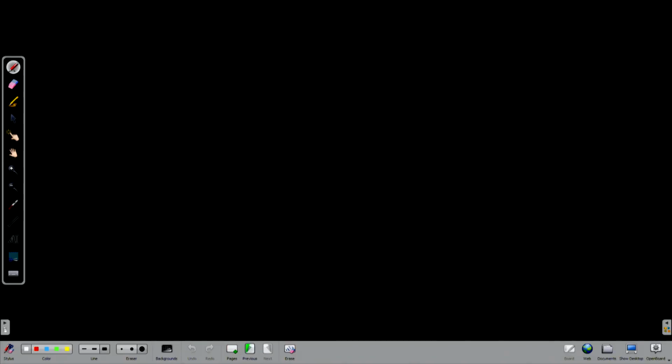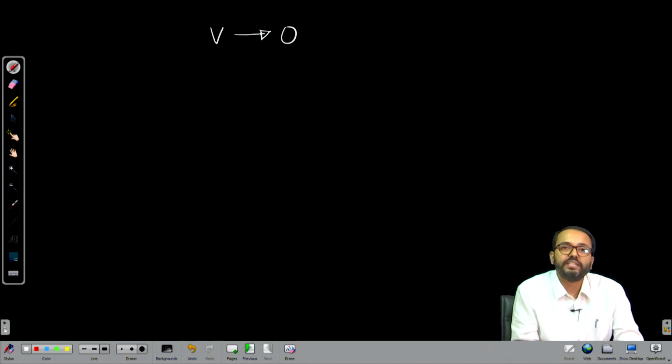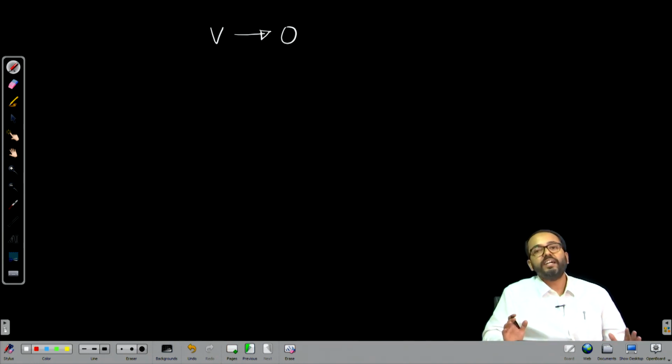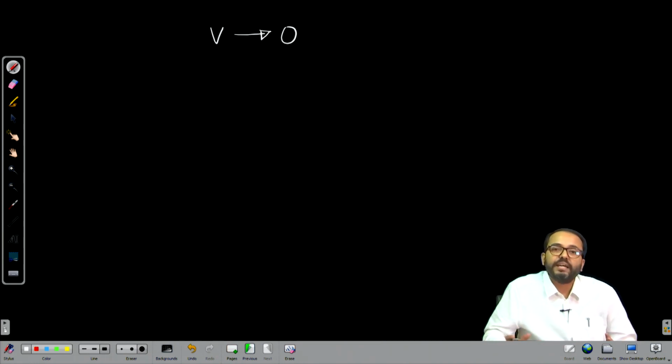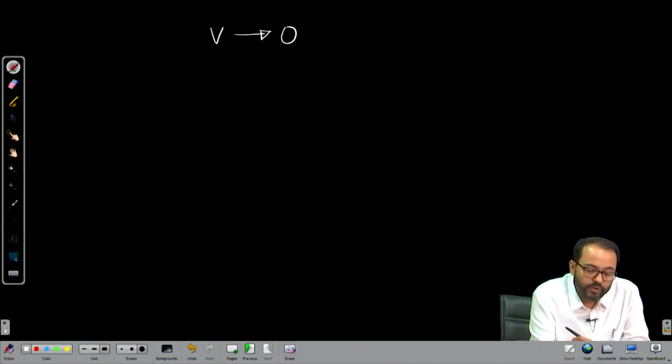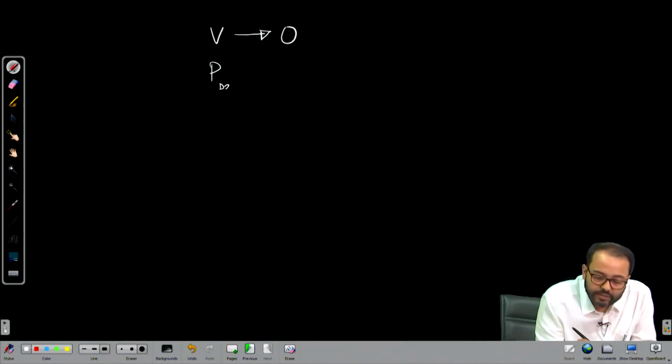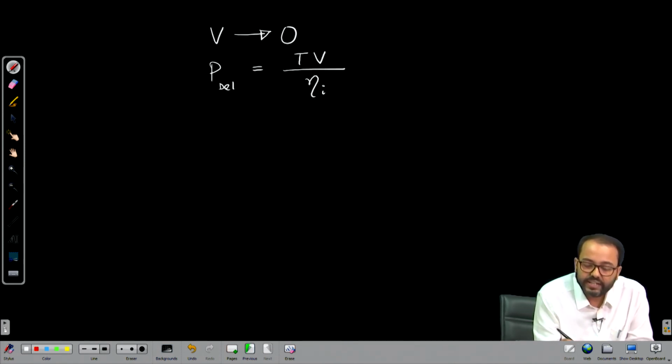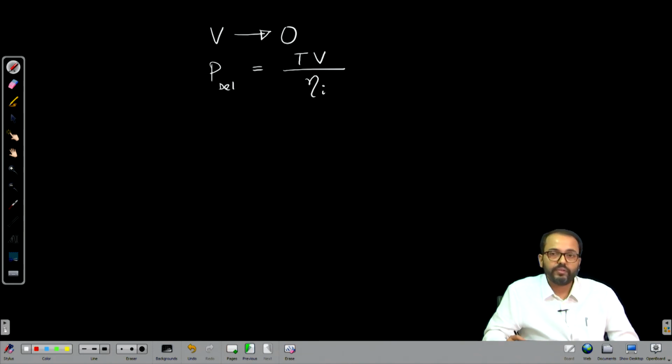Now, let us say we have the forward velocity V is approaching 0. We take a limiting condition where V is approaching 0. Now, what is the power delivered? Is equal to T into V divided by eta I, right.